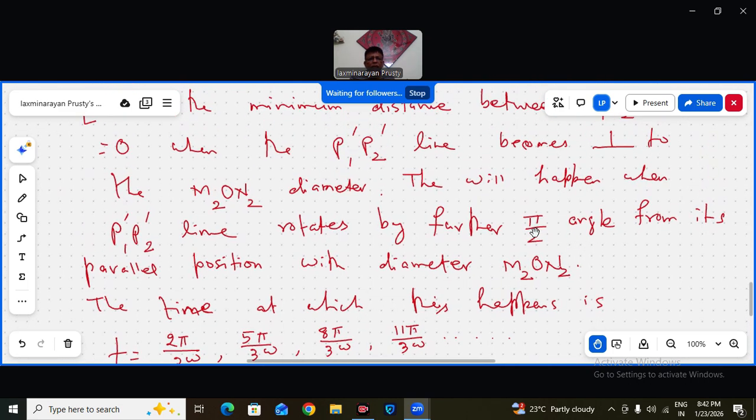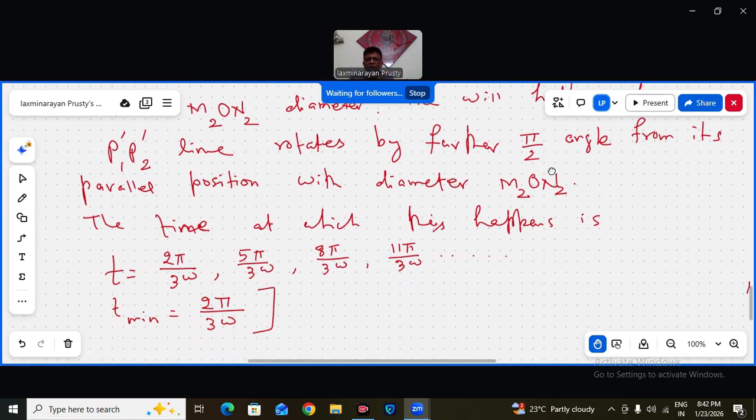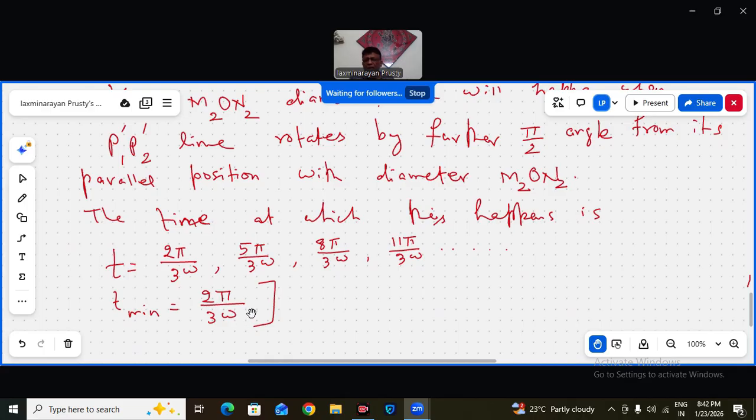That will be pi by 2 omega, then already it had taken pi by 6 omega, so add कर, this is 2 pi by 3 omega. ठीक है ना? 120 degrees by omega. From the starting position to 30 degrees, it will make parallel, then a further 90, 120 degrees, that means it will become perpendicular, 2 pi by 3 omega.